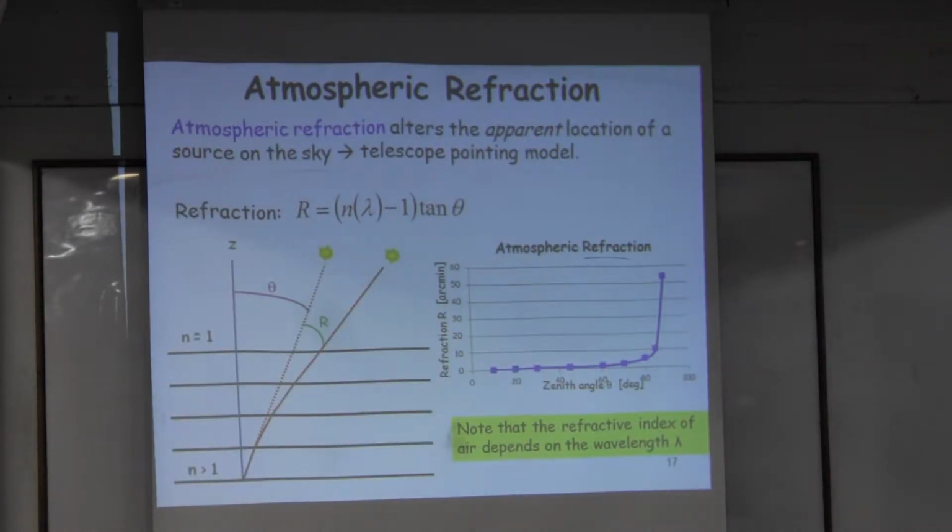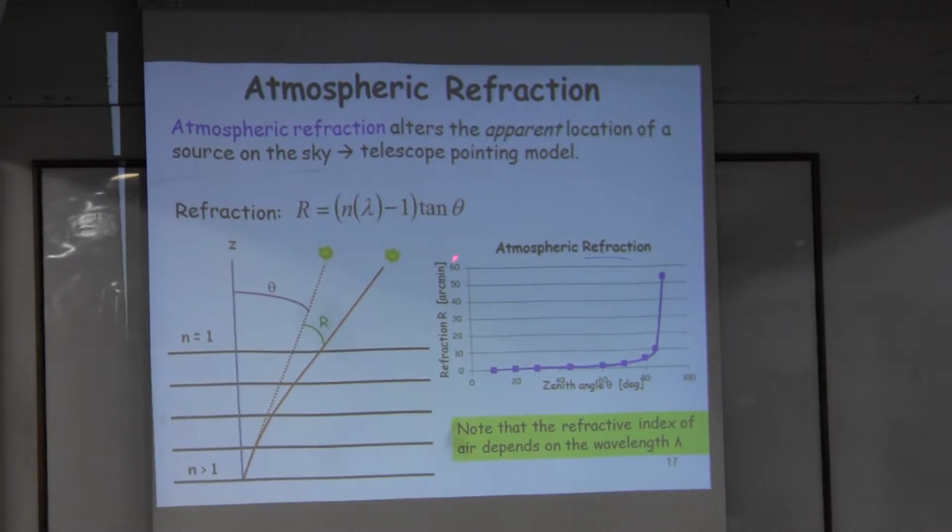And this is highly nonlinear because of this tangent theta function. So the refraction R, meaning the angle here, the offset between the true and the apparent source position on the sky, since it's multiplied with that factor, increases dramatically with large angles.